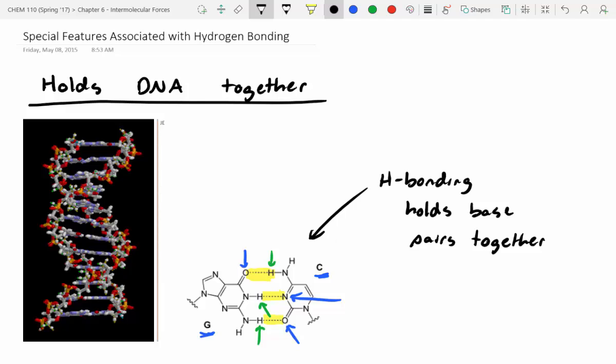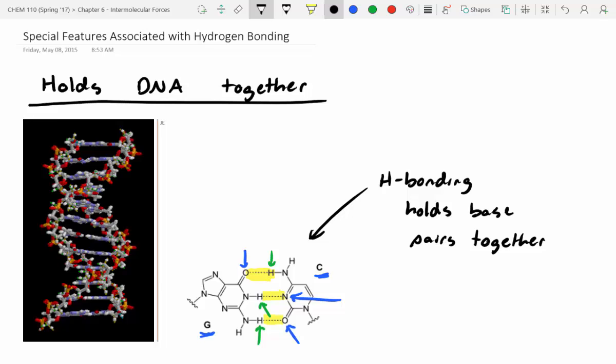All right. Does anybody know any other important biomolecules where hydrogen bonding is involved? If it's not DNA, what's another important biomolecule? RNA. So RNA does have a lot of hydrogen bonding. Let's go outside of nucleic acids. What's another major class of biomolecules?